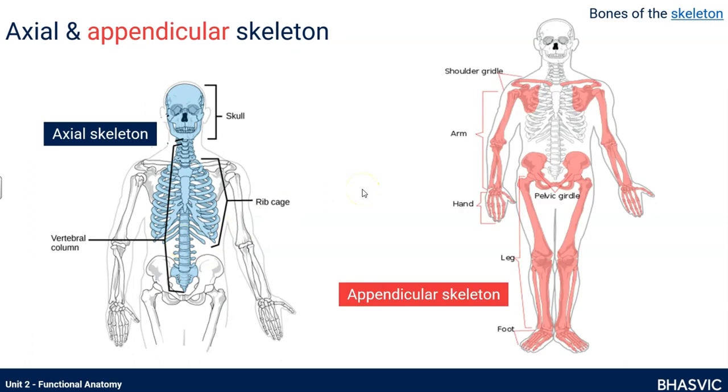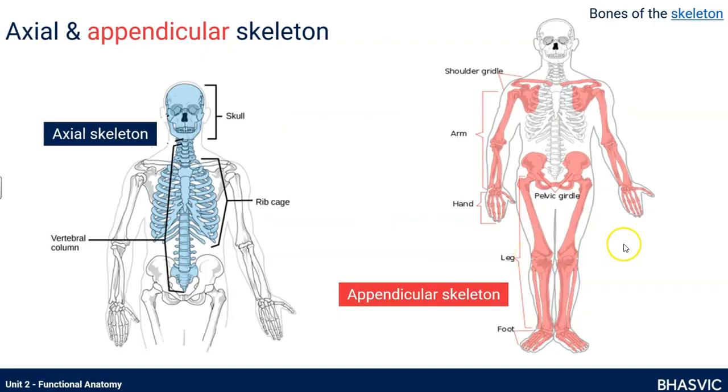Just to give context, the other section or area of the skeleton you need to be able to identify is the appendicular skeleton, and I've just color-coded that in red. So all the girdles, the shoulder girdle, the pelvic girdle, and the limbs are the appendicular skeleton. So we've got this axial axis of our body, and we've got these appendages of our body. But this video is focusing on the axial skeleton.